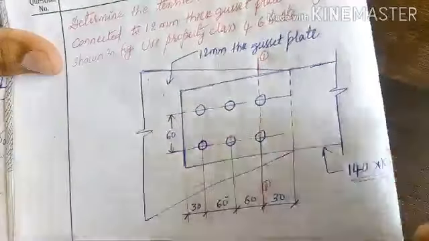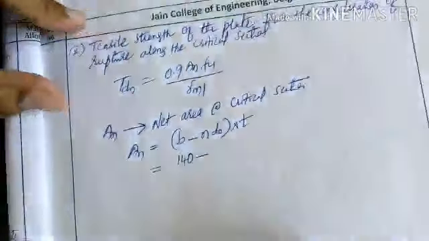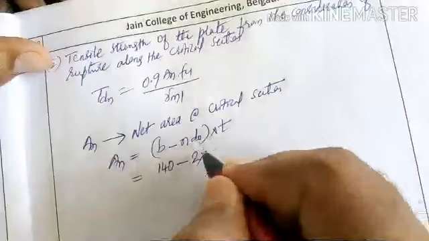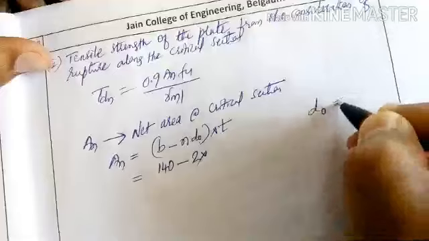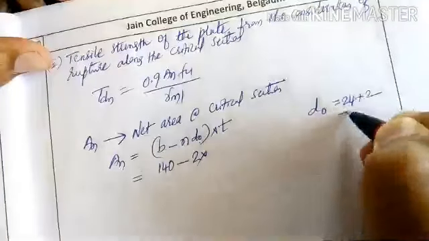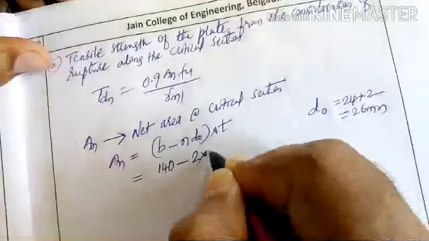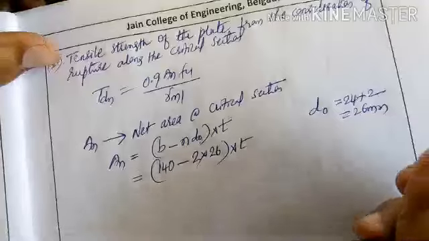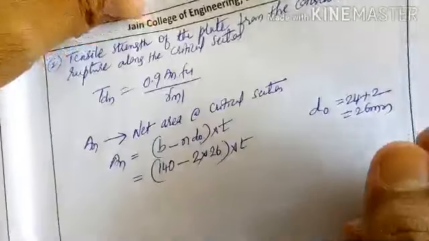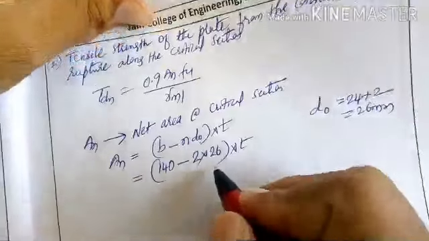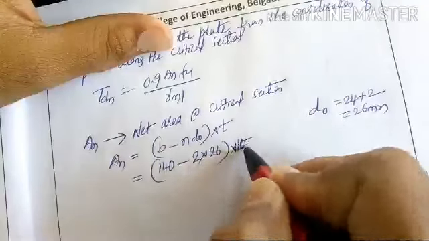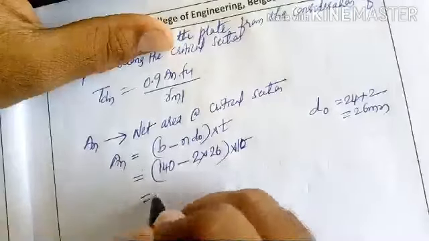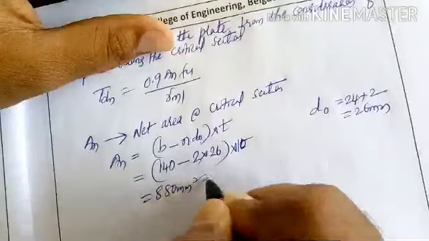There are 2 bolts along the critical section, so 2 into the diameter of hole, which is 24 plus 2 mm clearance, 26 mm, into thickness 10 mm. So you will be getting 880 millimeter square.